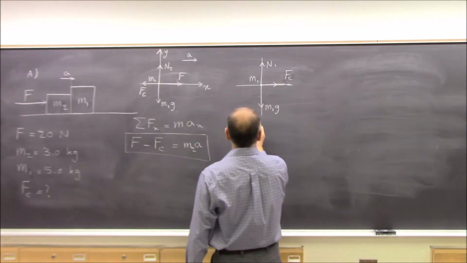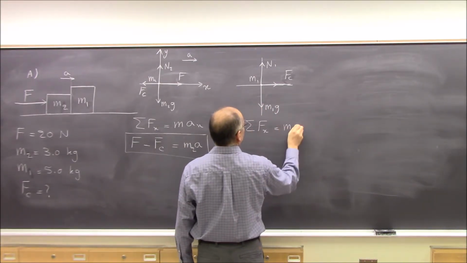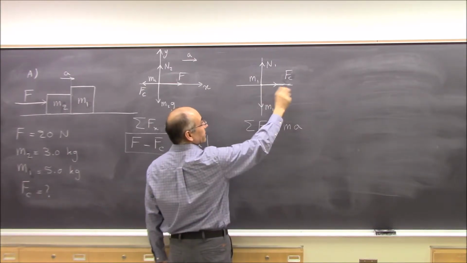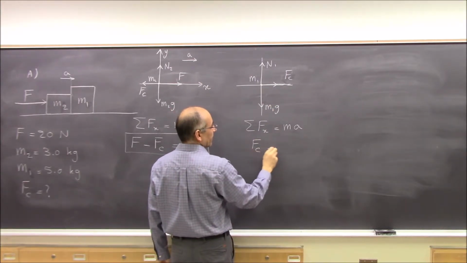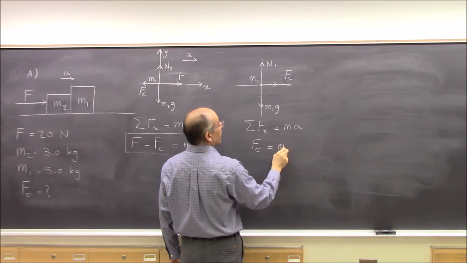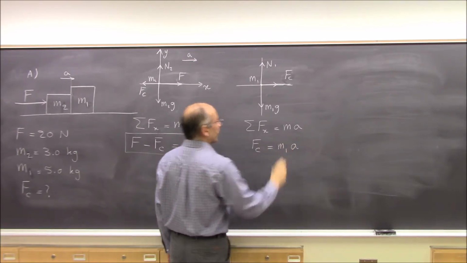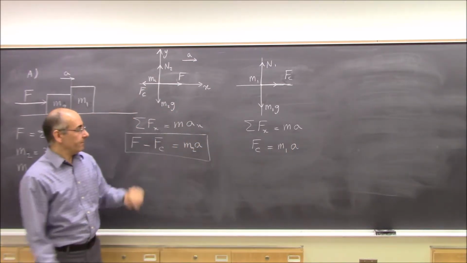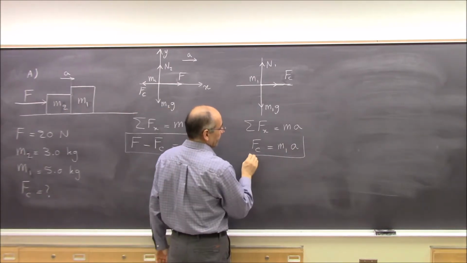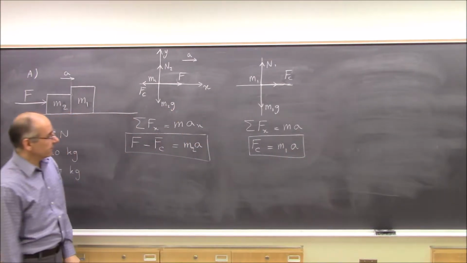And now sum of Fx equals M a gives me this. The only force in the X direction is Fc, equal to M1 times a. The accelerations are also the same. And this gives me this equation.